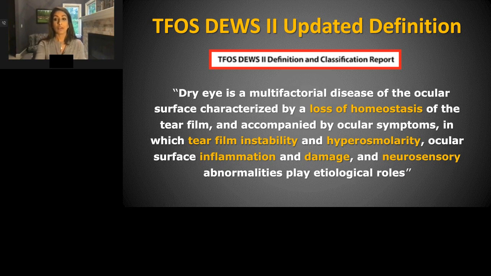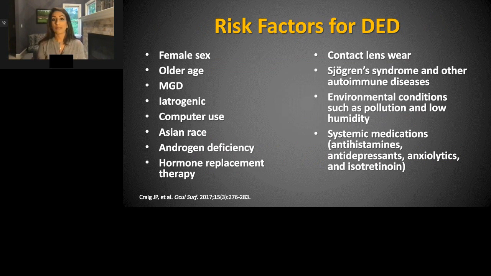So what risk factors are out there for dry eye disease? I think most of us know the typical ones, such as women being more common, and older age. As we get older, we're more likely to have dry eye.